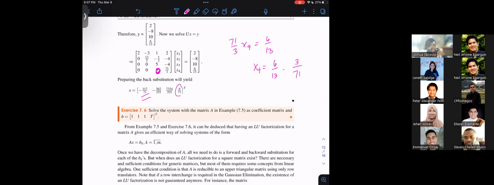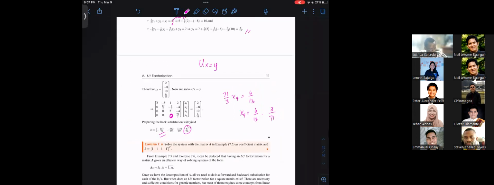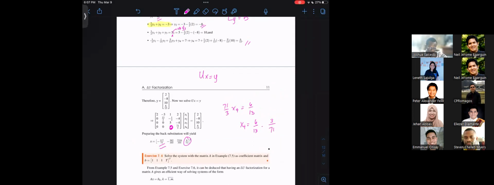So this should be 6 over, why 6 over 71? Unless there's a typo again here. Yeah, I should have given you my handwritten notes, because I asked my intern to put this note into LaTeX, so I haven't checked it yet. But yeah, this should be 6 over 13.